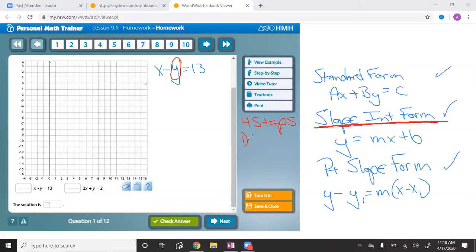First step, I have to get my notes. One second. The first step should be distribute.